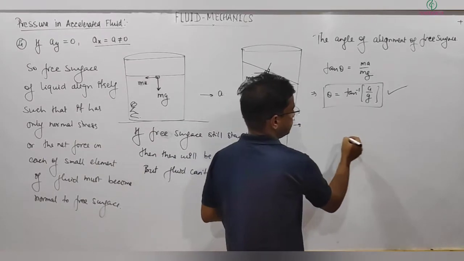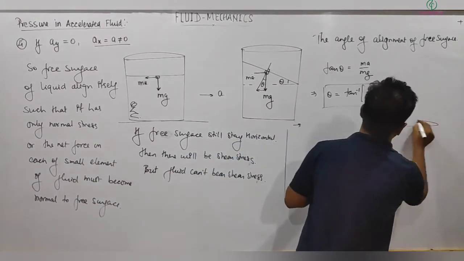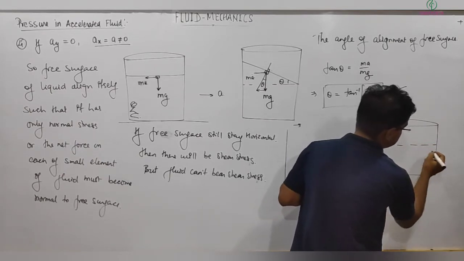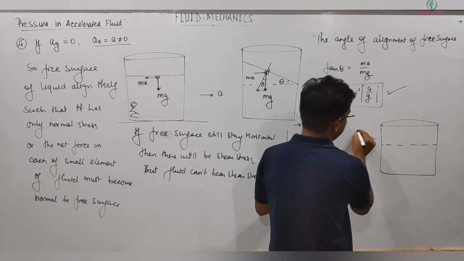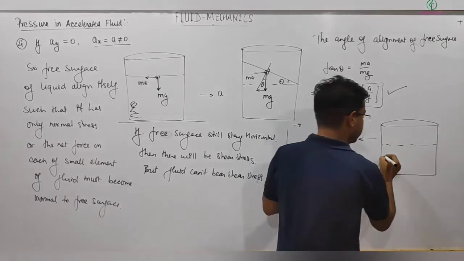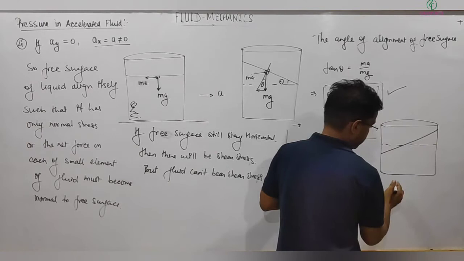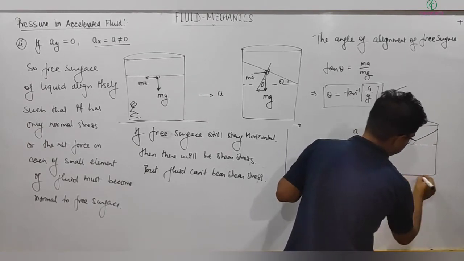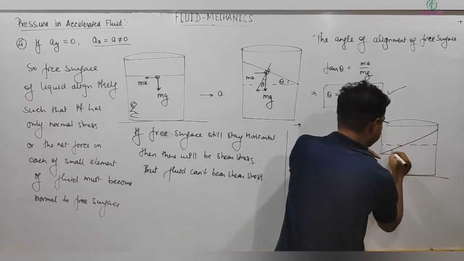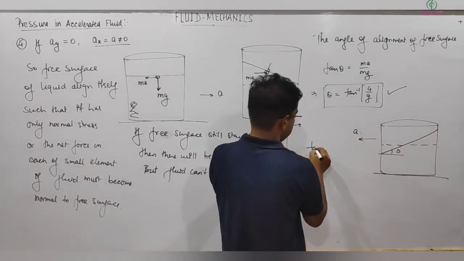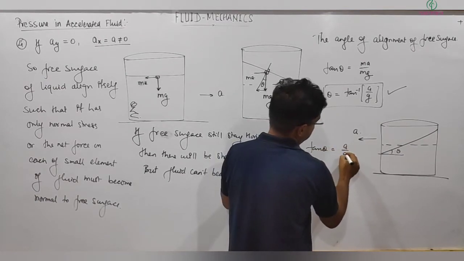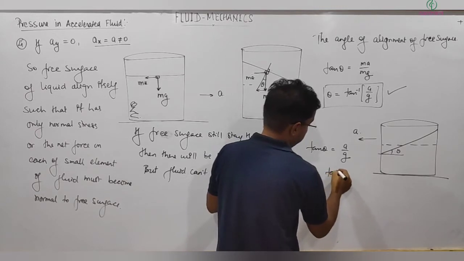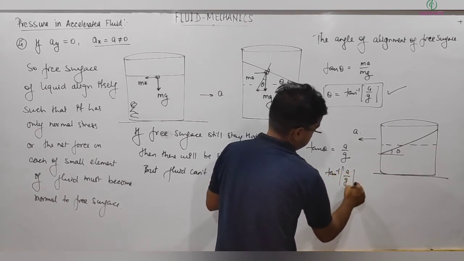Exactly in the same manner, if I consider another case, let's say this is the container which is initially filled like this, and it is given acceleration a in this direction, then the free surface will align in this manner, right? And tan theta will again be equal to a by g, and theta will be equal to tan inverse of a by g.